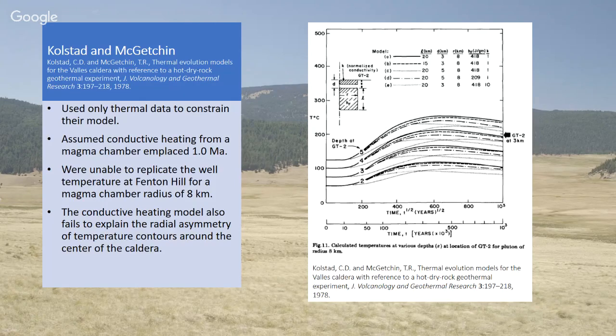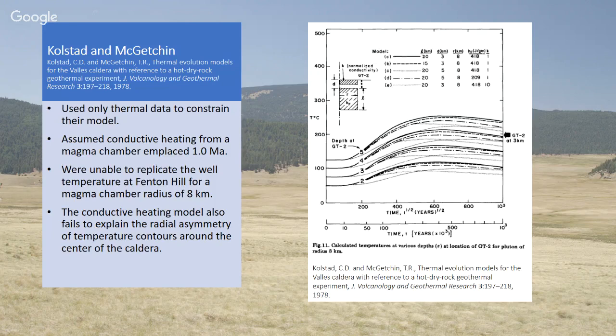So Humphreys and his RATE colleagues, they identified 3 papers that have become a focal point of the debate. So it's worth at least talking briefly about these 3 papers. The first one's by Kolstad and McGetchin from 1978. And some key features of what they did is they only used thermal data to constrain their model.